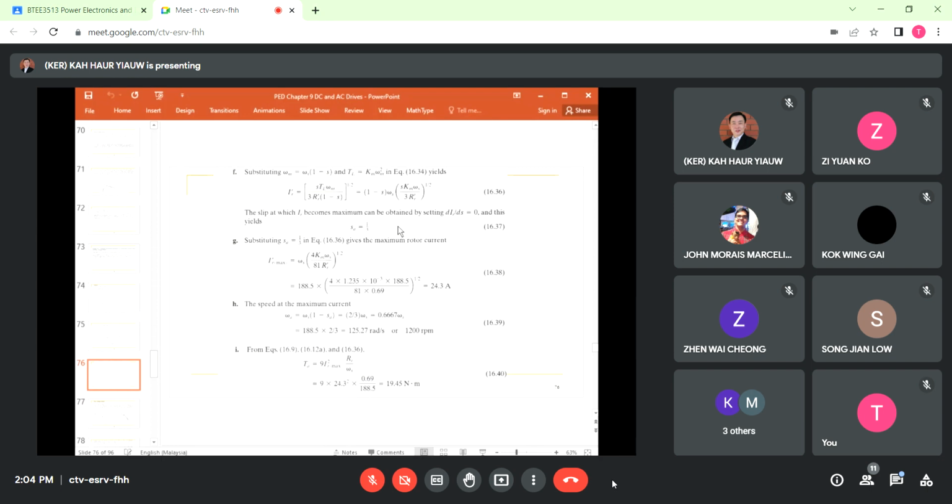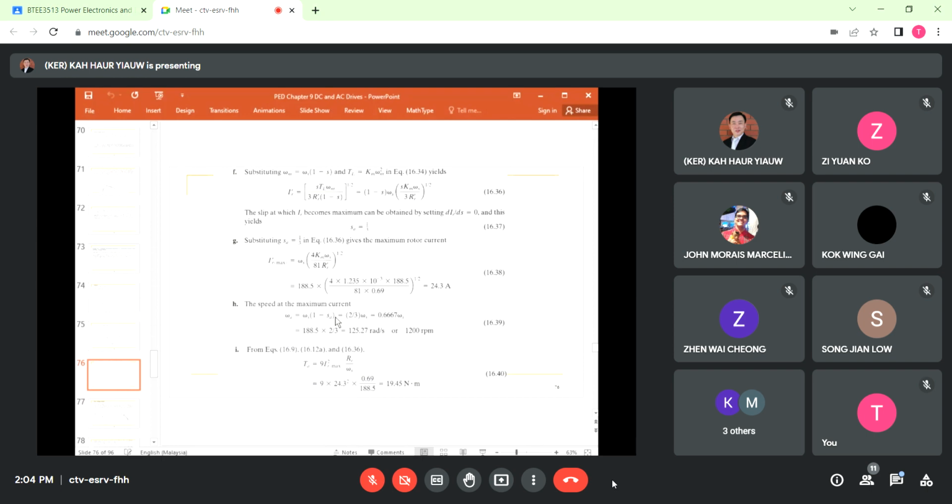This will give SA equal to 1/3 in value. Substituting SA equal to 1/3 in equation 36 here, that should give the maximum rotor current in equation 38 here, and the value is 24.3 A.